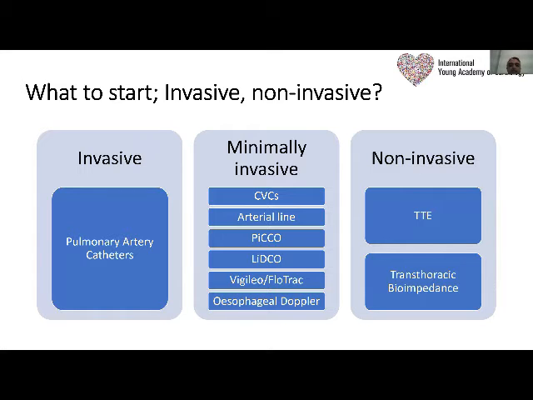In the middle is the minimally invasive, which can start with a simple central venous catheter, going to the arterial line, and some minimally invasive monitors like PiCCO, LiDCO, or Vigileo, and ends with the esophageal Doppler, the use of which is usually in the theater, intraoperatively.